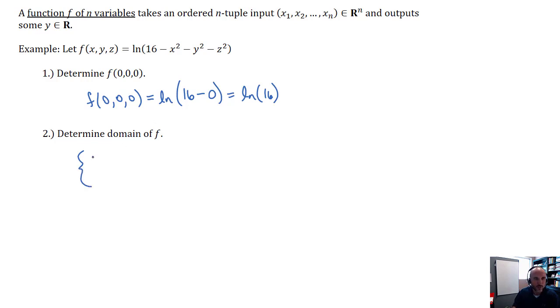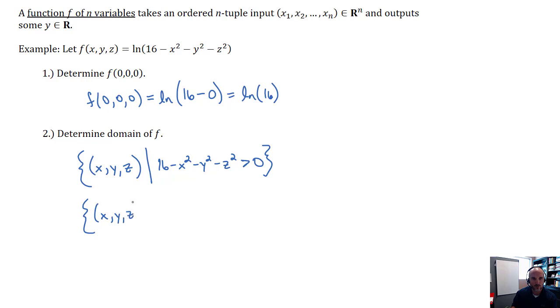So the domain is going to be all ordered triples x, y, z such that the argument 16 minus x squared minus y squared minus z squared is greater than 0. As we saw before, we could rewrite that as the ordered triples x, y, z such that if we add the x squared, the y squared, and the z squared over, we get x squared plus y squared plus z squared is less than 16.